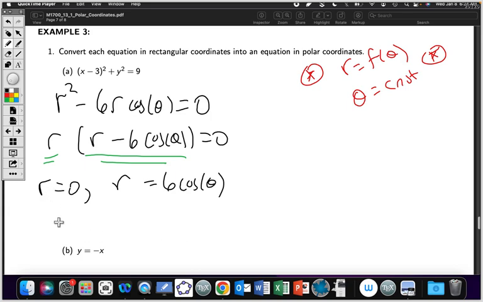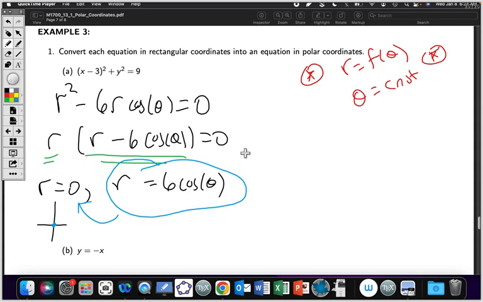Now remember, r equals 0, that just describes the origin. That's just the pole. You start at the origin, you don't go out at all, and you just spin around. 6 cosine theta will actually give us r equals 0 when theta equals pi over 2, or pi over 2 plus any multiple of pi.